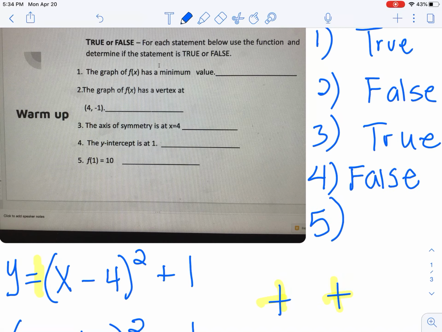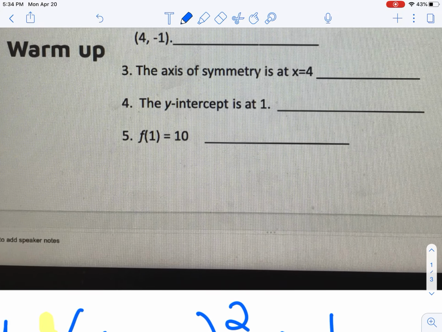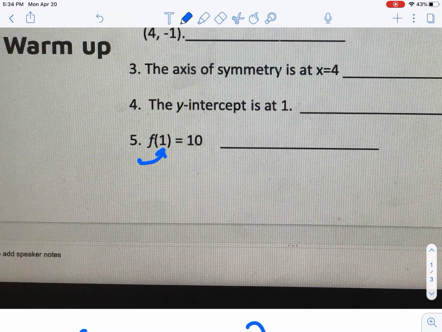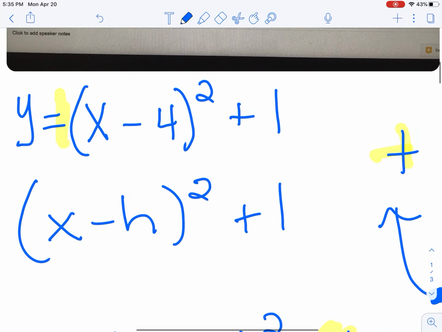All right, and number 5. Again, let's remember how to read this. f of 1 is 10. What is that saying? Well, it's saying when x is 1, y is 10. We have to determine that by seeing when we plug in a 1 for x, do we get 10 for y? Well, let's see if that's true or false.